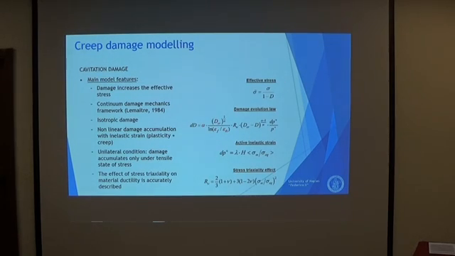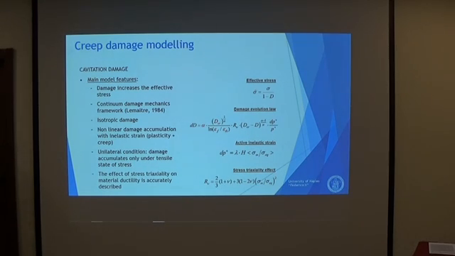Here some equations are reported, but the main feature of the model is that damage has the effect of increasing the stress, so we use an effective stress. It was derived in '97 by Bonora in the framework of the continuum damage mechanics proposed by Lemaitre.